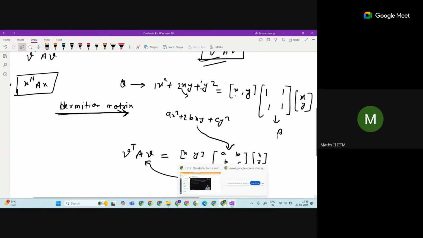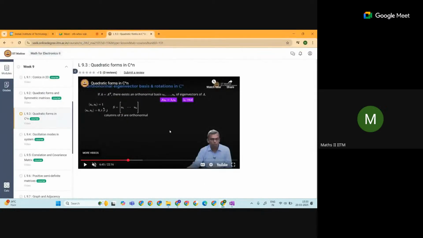So why are we studying this? This Hermitian matrix has some property. What is the property here?